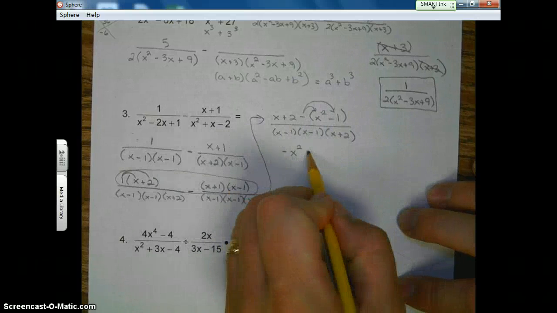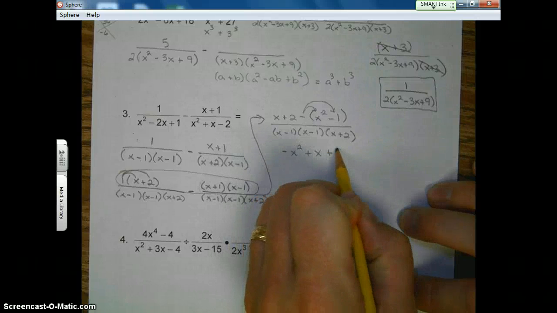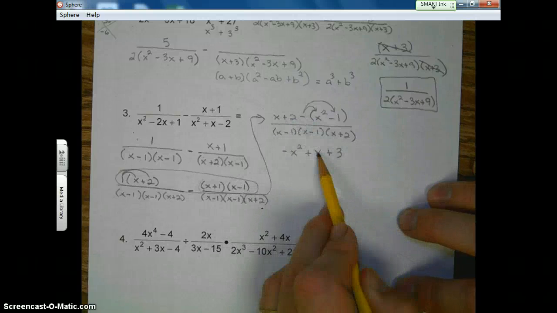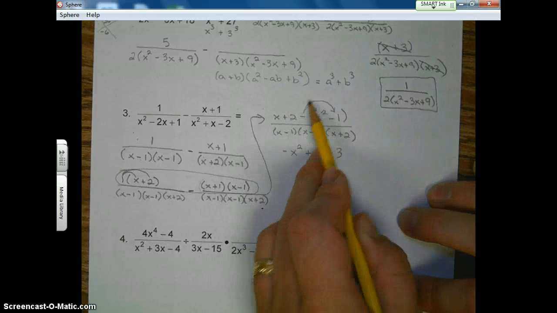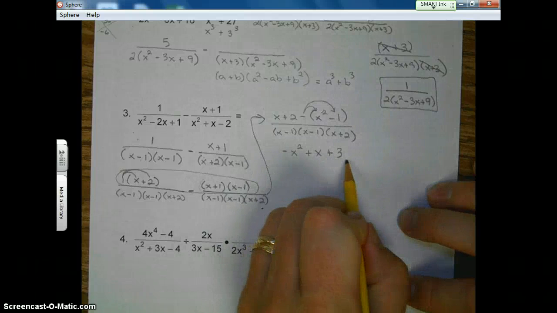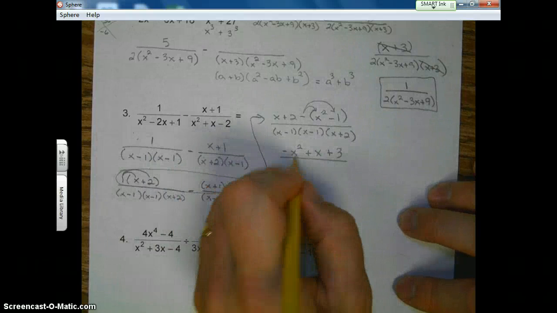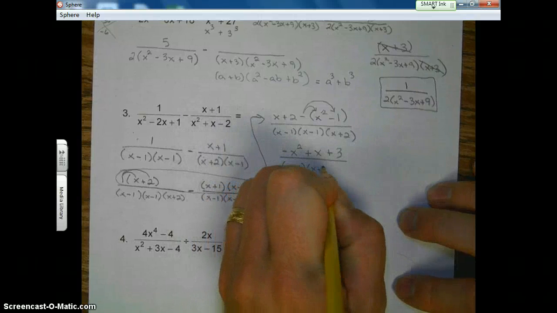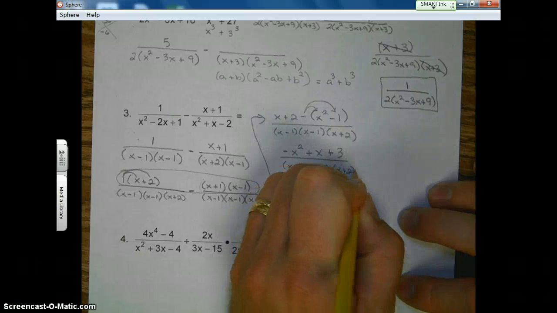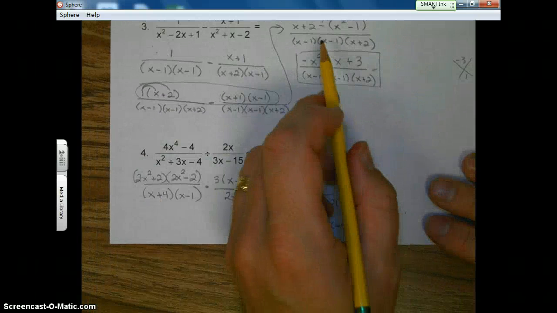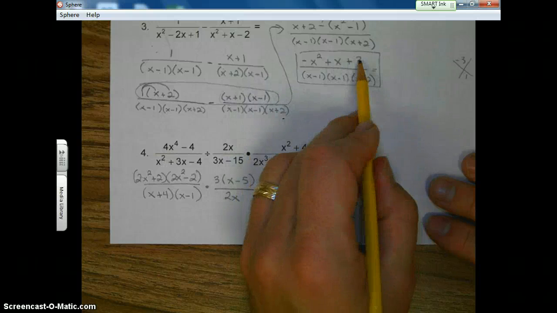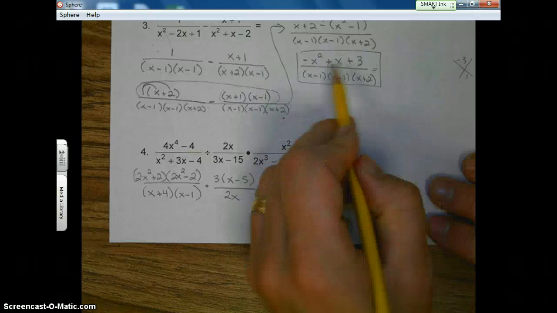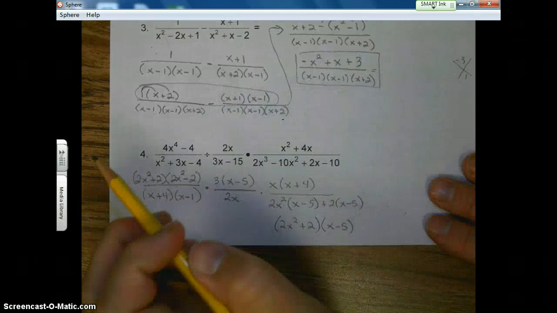And then we have an x. So I'm going to put the x first and then the +3. So I put the -x² first, I put the x second, and then I combine the 2 and the 1 to get 3. Okay, so right here, that's my final answer. I did try to factor the top using my x factor. It does not factor, so that's my final answer.